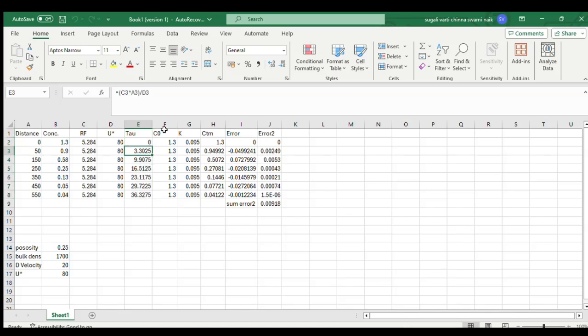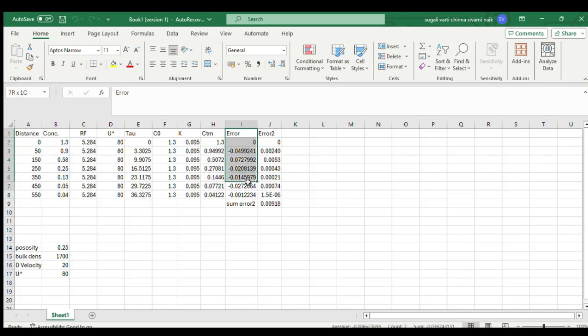We calculated the tau value, and the initial concentration given is 1.3. From that we calculate the k value. In the beginning I considered some initial k value, but after using the solver I got this k value of 0.095. Then I calculated the model value, and the error by subtracting the concentration value from the model value.